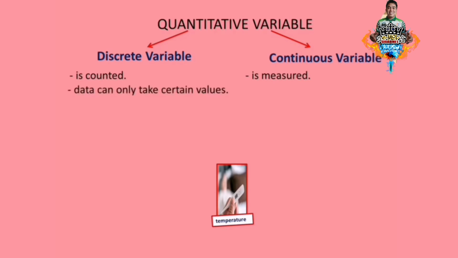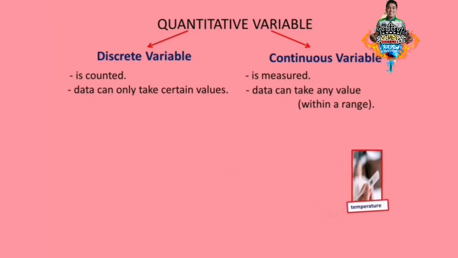So let us have another definition. A discrete variable is when data can only take certain values, meaning the data should be exact. While for a continuous variable, data can take any value within a range. Since the temperature can be in the range of 37 to 38, 38 to 39, sometimes it is exact, but most of the time it is in between that range, then we can tell that body temperature measurement belongs to continuous variable.